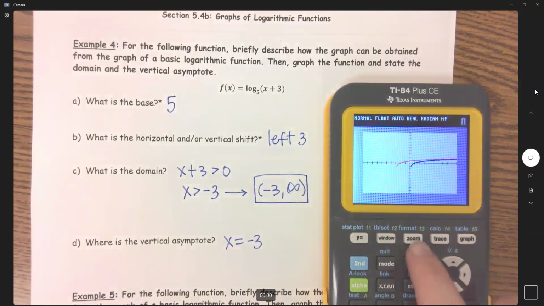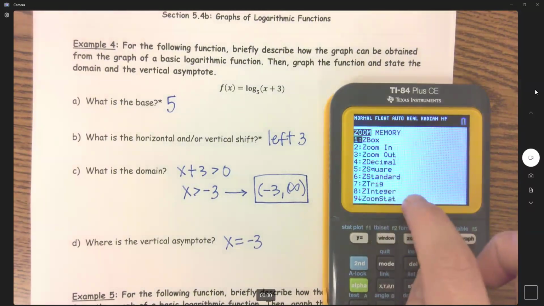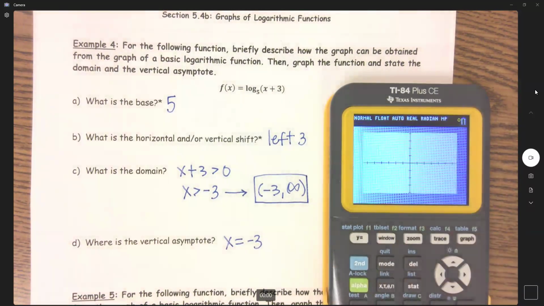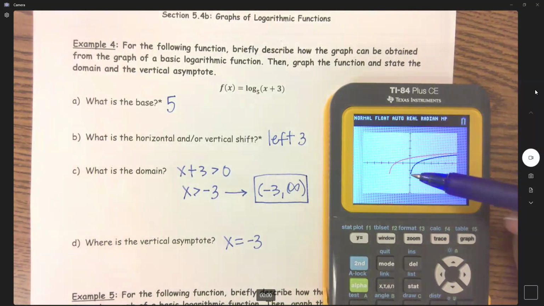And actually, I'm going to go zoom decimal right here, number 4. And that makes it a little bit more clear. One thing I want you guys to notice is that it looks almost more like a square root where it starts right here. It's just because our graphing calculator can only do so much, right?